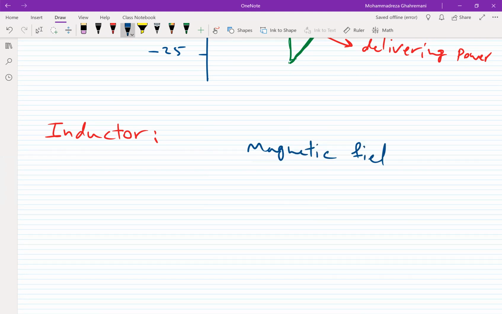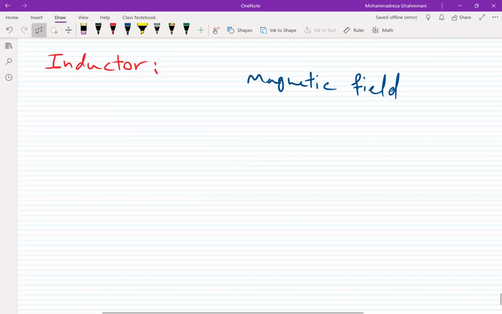The difference between capacitor and inductor is that the capacitor stores energy in the form of electric field, but inductor stores energy in the form of magnetic energy. And it basically consists of a wire that is wound into a coil.